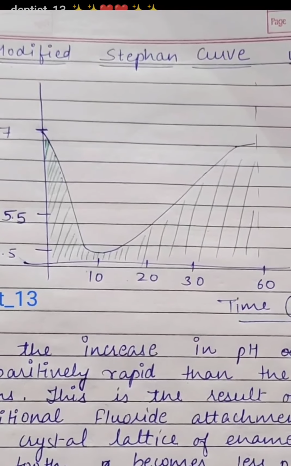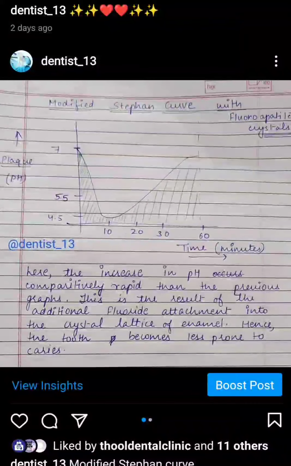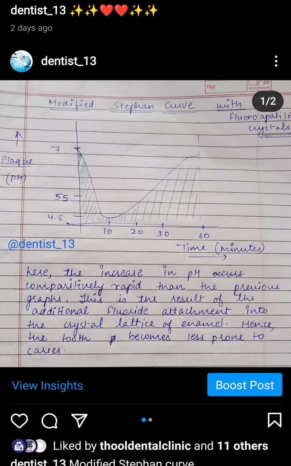So this is the modified Stephan curve for the fluoroapatite crystals, and it is all in the green zone because this fluoroapatite crystal is not affected by the 4.5 pH. Hence, if the person has the tendency to eat frequent meals, then this method of replacing the hydroxyapatite crystal with the fluoroapatite crystal is really helpful for them.